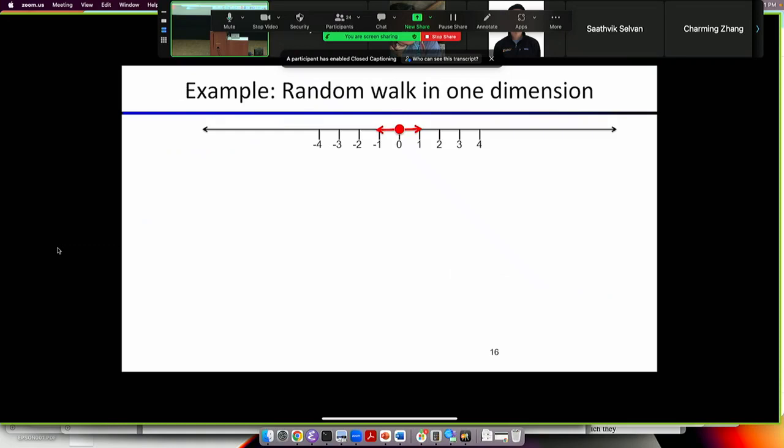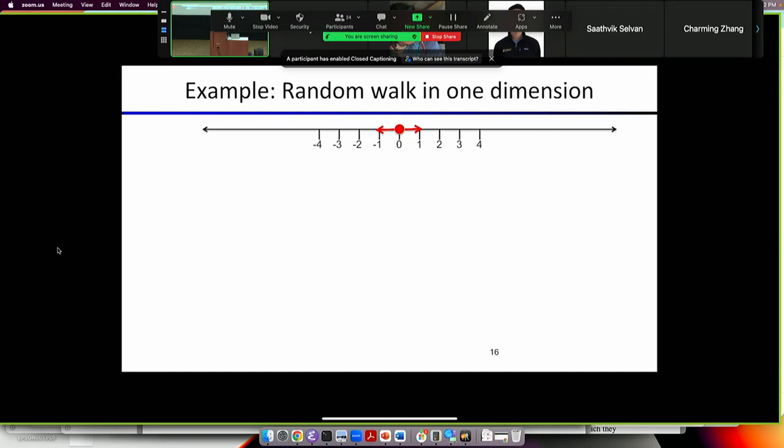Okay, but so here's one of the simplest examples: the random walk in one dimension. Okay, so the state here is what? Coordinate, yeah, so the states are just integers, okay?